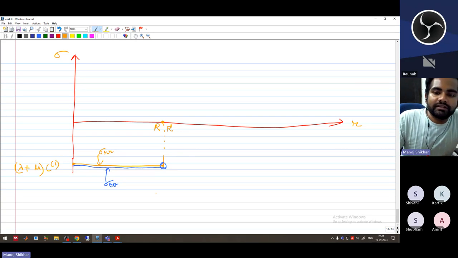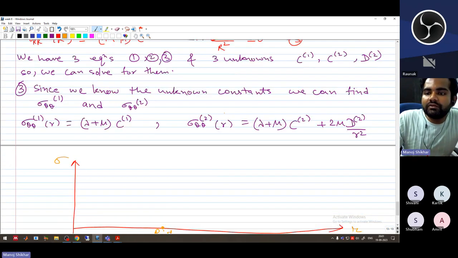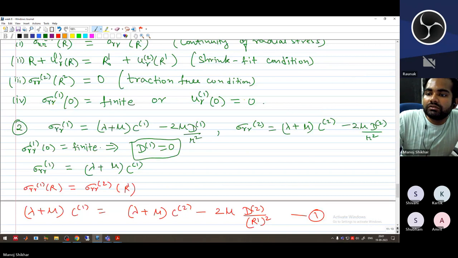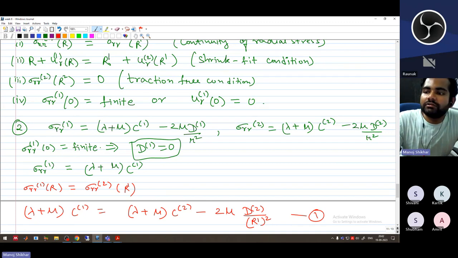Now after this, we will have to use the expressions of sigma theta theta 2 and sigma RR 2. For sigma RR 2, we also have this 2 mu D2 by R square term. So at R equal to infinity, that term will tend to 0, and it will tend to lambda plus mu into C2.